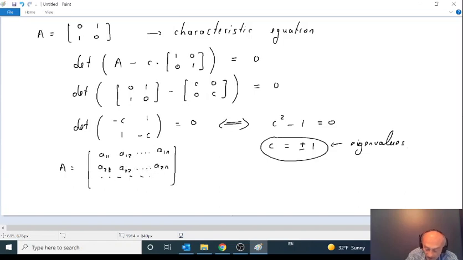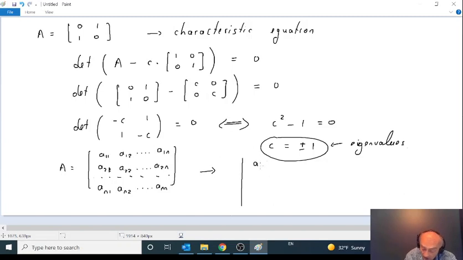And you can say dot, dot, dot, we have n rows here, the nth row is An1, An2, dot, dot, dot, Ann. Then the characteristic equation, which is the determinant of A minus C times I equal to 0, boils down to this thing where you subtract C times the identity, and the identity matrix has only non-zero entries down the diagonal, and they're all 1.